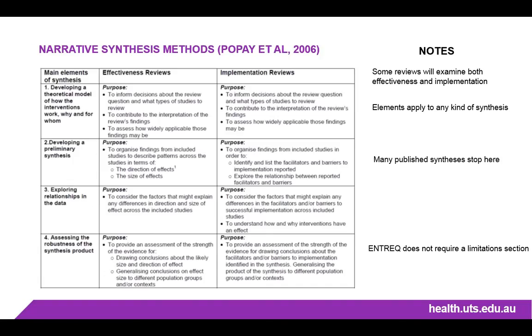I won't go through this in great detail because we're short on time, and this is available to you in that report I mentioned that's on the web. But it's worth noting that many published syntheses, and I read systematic review after systematic review, really stop at the second stage.